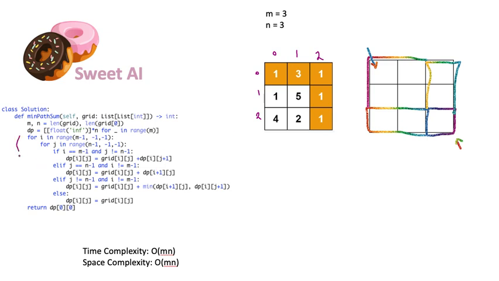We are going to have 2 for loops for iterating over every single cell, but we are starting from the last cell, which is going to be indexed 2 by 2. So the first one says if i is equal to 2 and j is not equal to 2. The second one says if j is equal to 2 but i is not equal to 2.